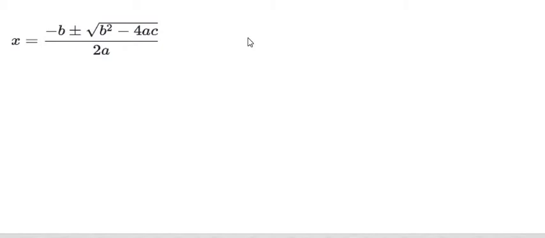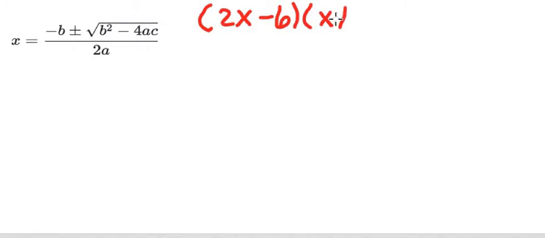So let's make up an equation and solve it via factoring, and let's go with the quadratic formula. So I'm making this up on the spot, so I don't know how it's going to turn out. But let's say this was my equation and it was already factored.